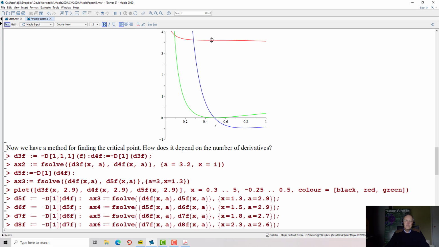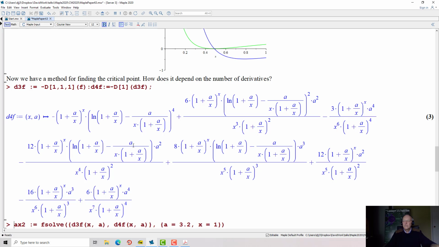The obvious question is, how will this change when we try the same procedure with higher derivatives? So let's do that. I'm now going to calculate a third and a fourth derivative. I've printed out the fourth derivative just to remind us that as we take more derivatives, we have to expect the expression describing that derivative will become longer and longer.